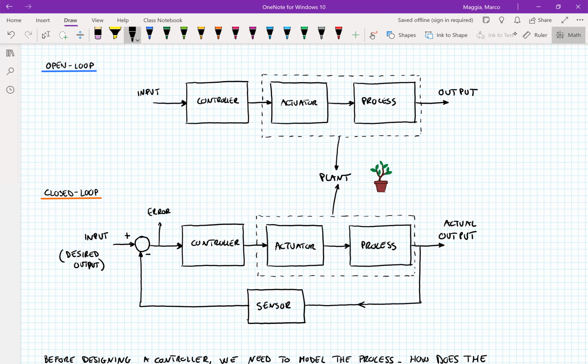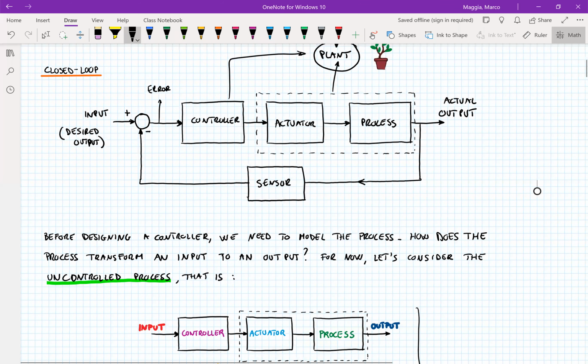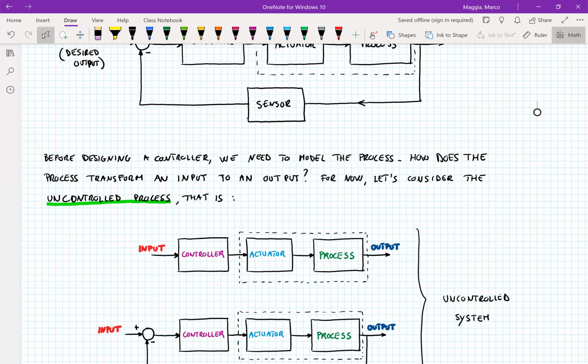So pretty much we'll have the plant and the controller that feeds the plant. All right, so these are, I should say, the general schemes for open loop and closed loop control systems.